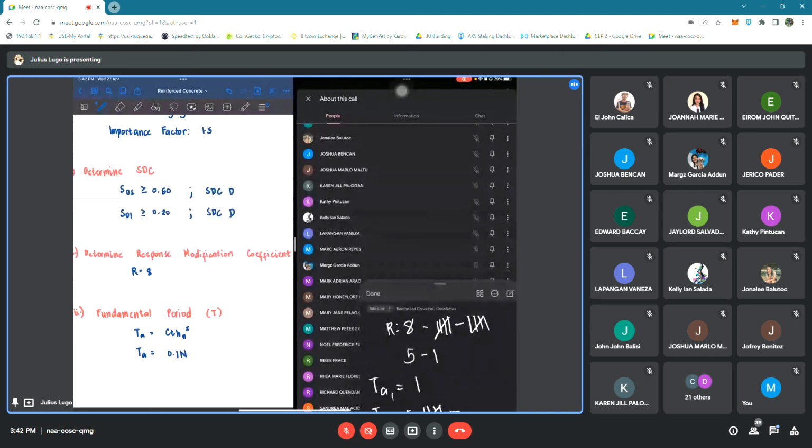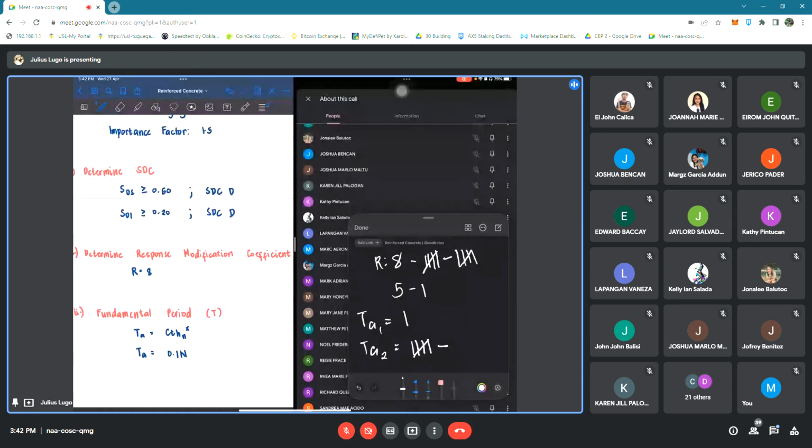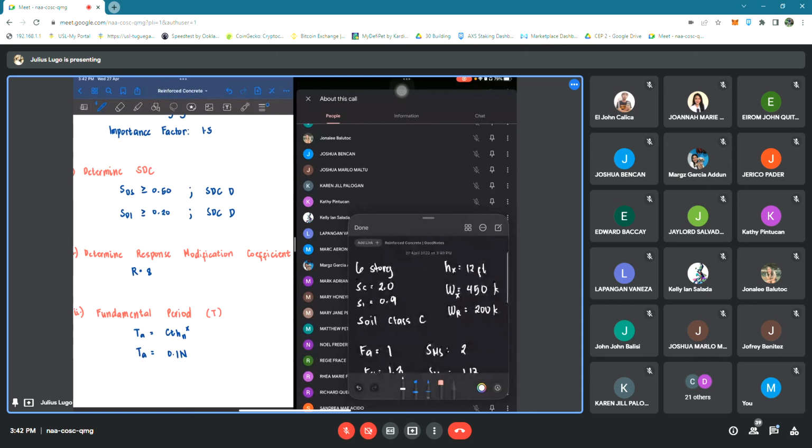Well, may point si Miss Garcia. Very good. So, it means nakikinig talaga siya, no? Gagamitin niyo yung unang formula, guys, CTH raised to X kapag greater than 12 story yung inyong structure. So, in the case of the problem, 6 story na.